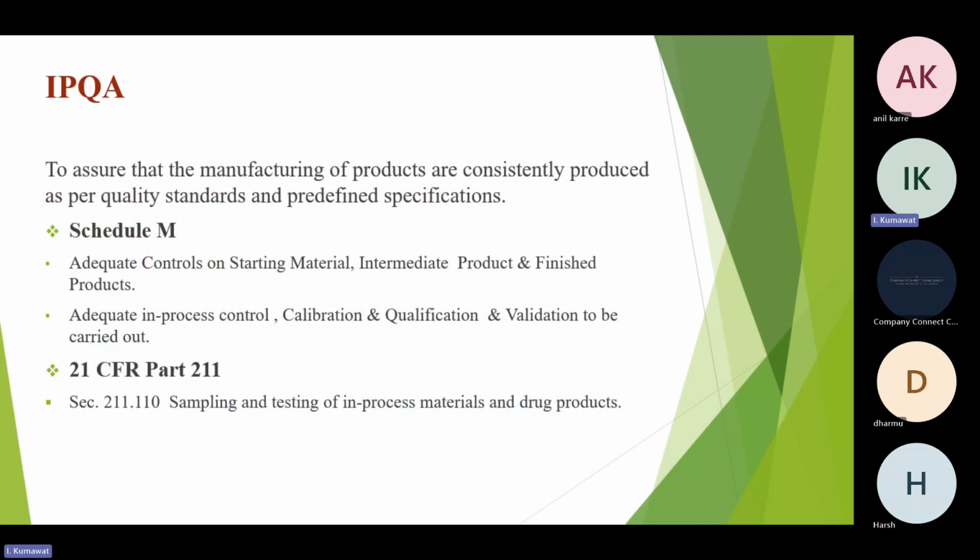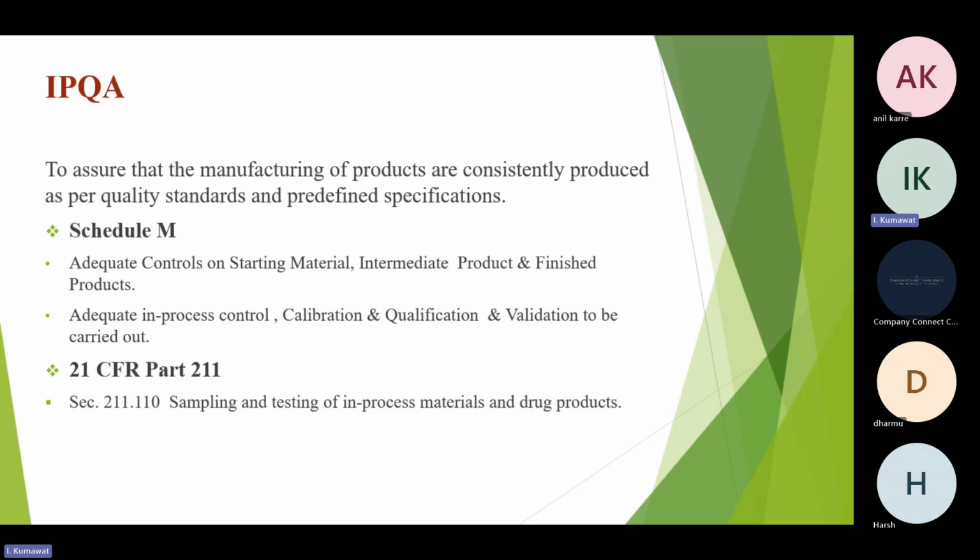Then the IPQA definition: to assure that the manufacturing of the product is consistently produced as per the quality standard and defined specifications. IPQA as per Schedule M requires adequate controls on the starting materials. As I told you, if we are going to develop the quality of the products, we need adequate control on the starting materials like API and excipients.